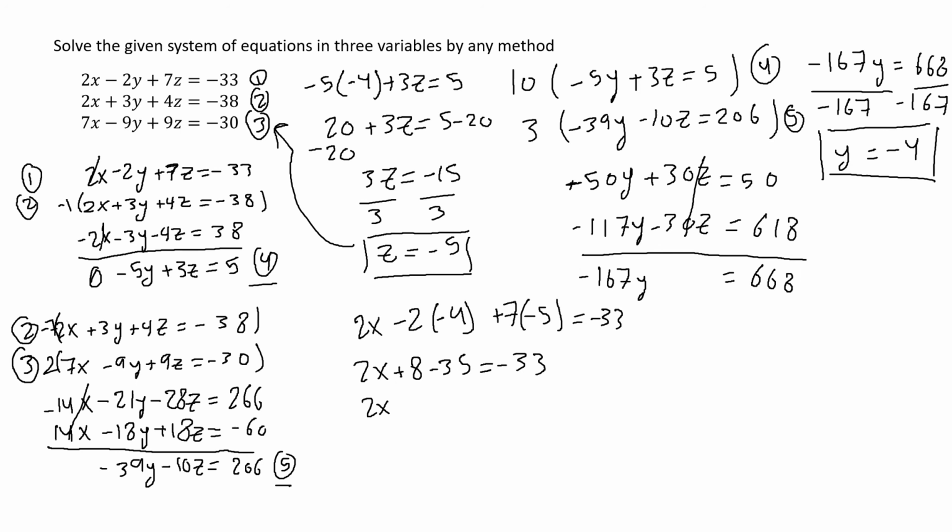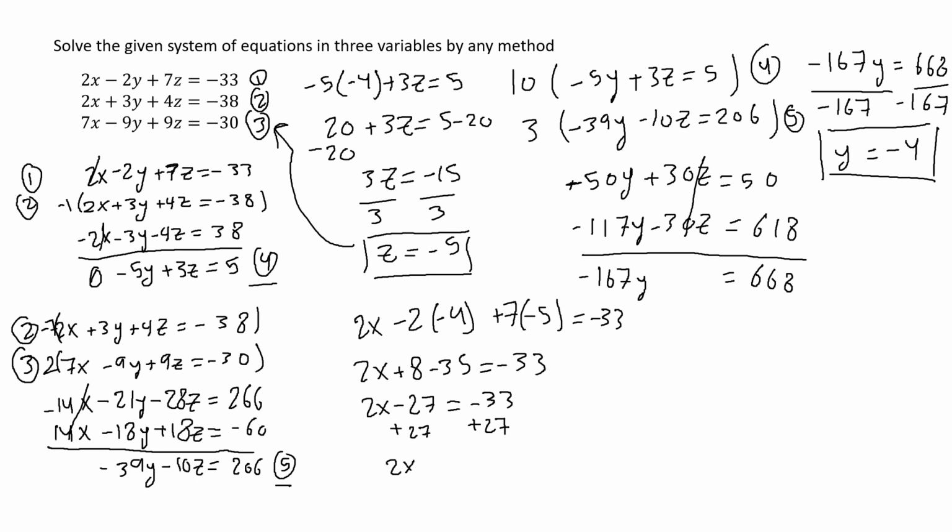Now we can add these two. 8 minus 35 is negative 27, so 2x minus 27 is equal to negative 33. We're going to add 27 to both sides of the equation. Negative 33 plus 27 is equal to negative 6.